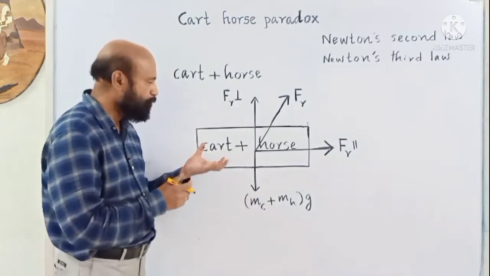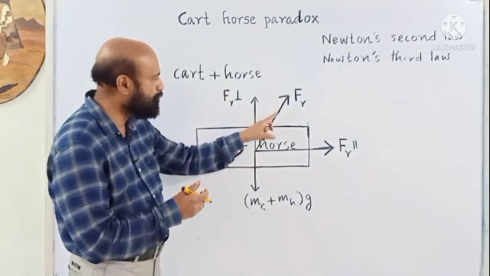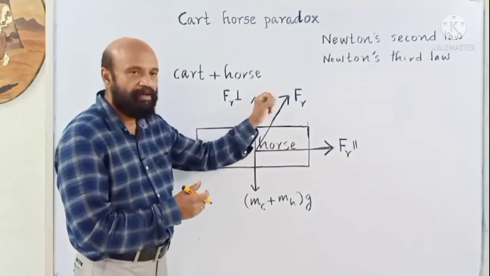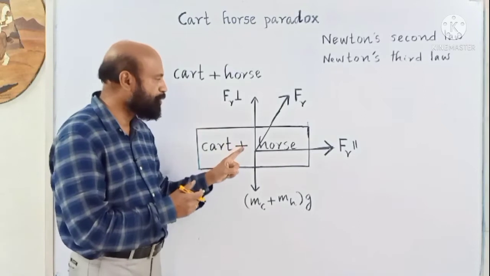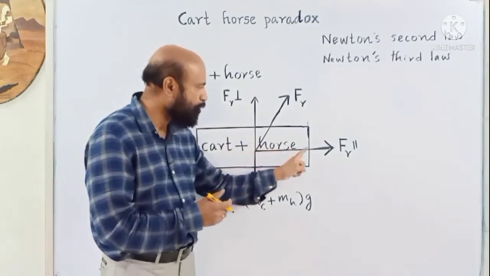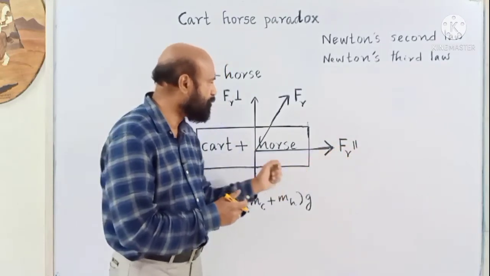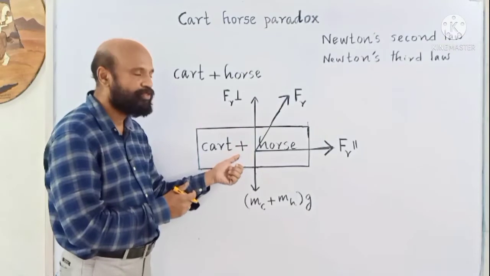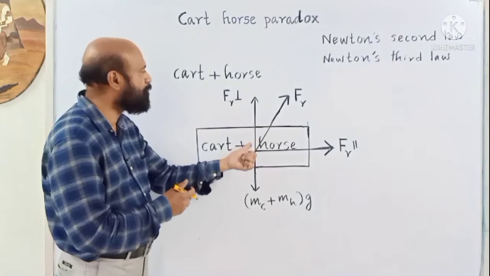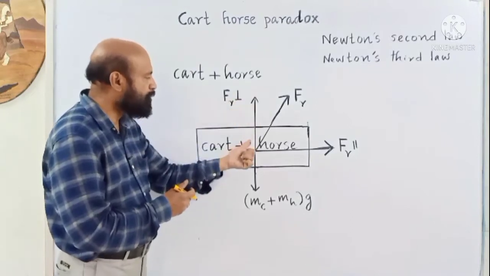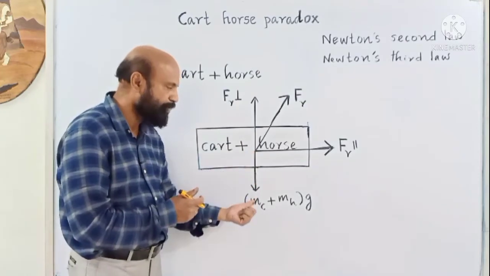Then the force exerted by the rod on the system acts along this direction. So it is an external force acting on the system. It can be resolved into two components. Fr is the parallel component, the force exerted by the rod on the system. Then this is the perpendicular component, and this perpendicular component will balance the weight.